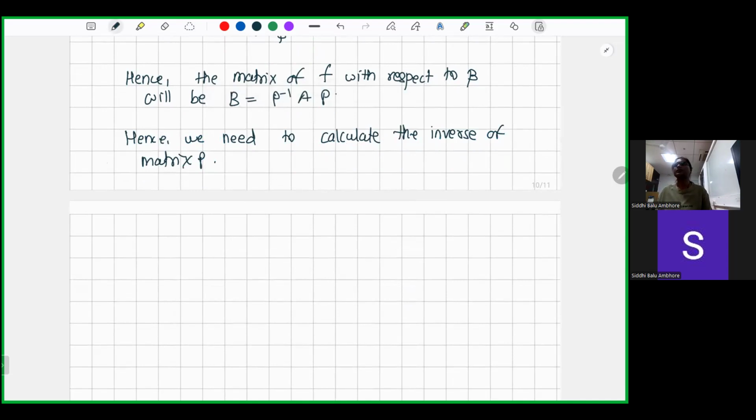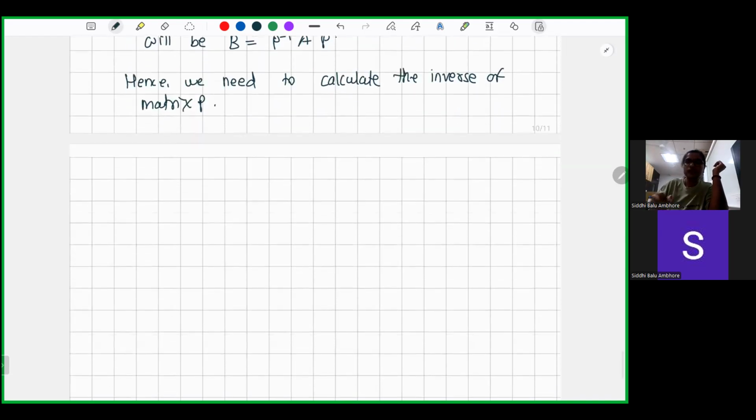We can either use the row operation method, or we can find the cofactor matrix, the adjoint matrix, and the determinant inverse. We already have the information about the determinant of P. Because we did not do it even once in our live sessions, we will do it by finding the cofactor matrix.